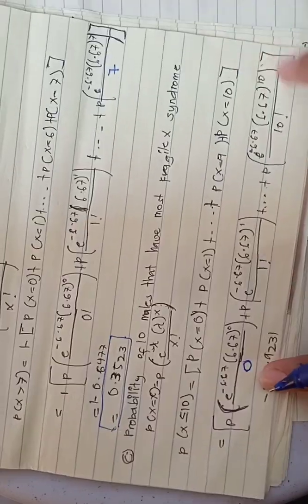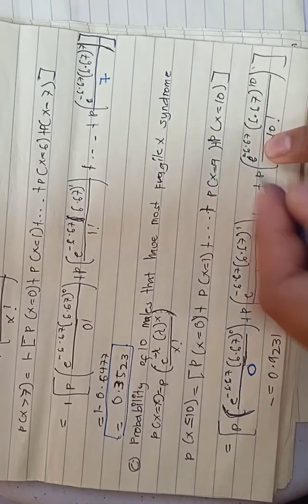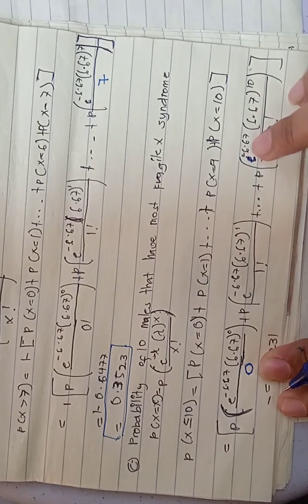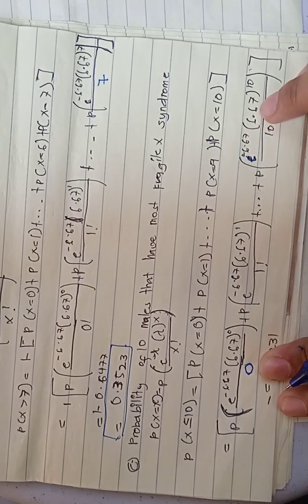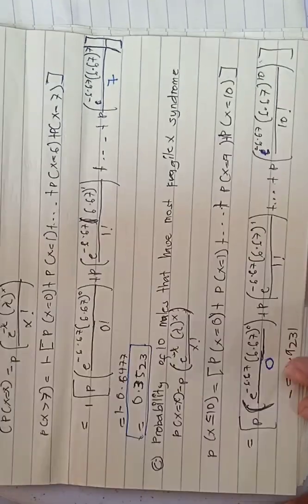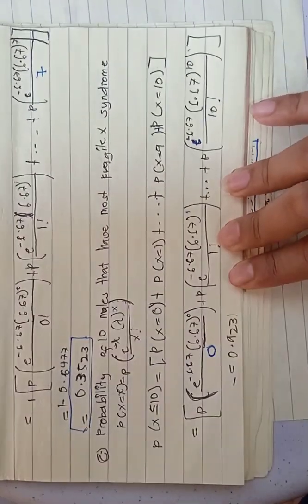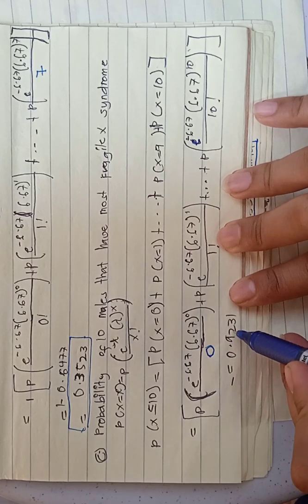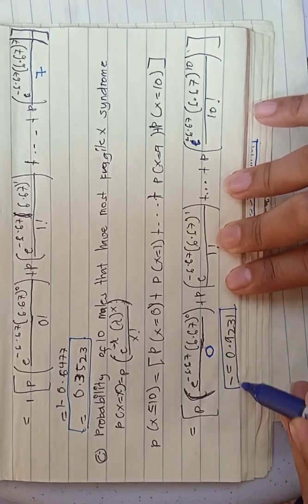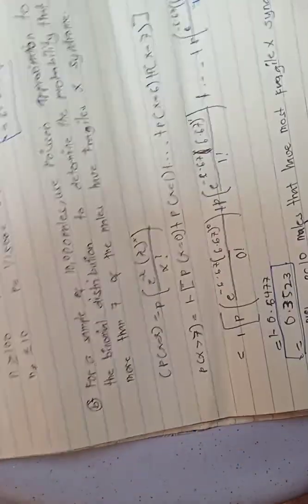So, hanggang sa number 10 po siya. e to the negative 6.67 times 6.67^10 over 10 factorial. So, ito po, ang sagot natin is equals 0.9231 po. So, yun lang po. At maraming salamat po.